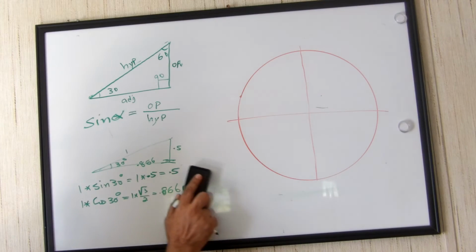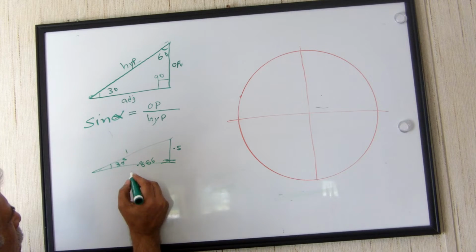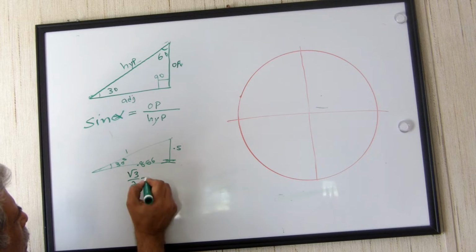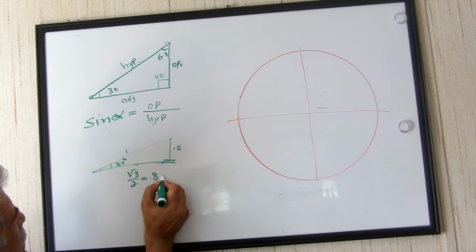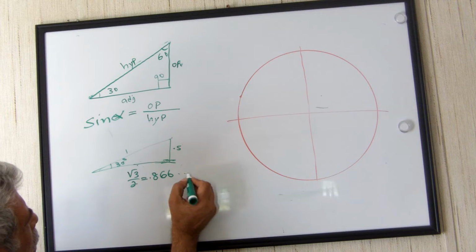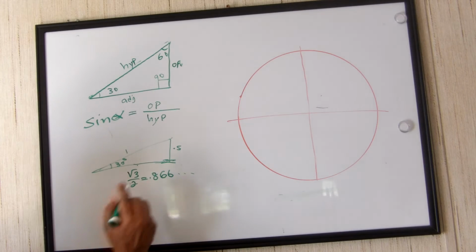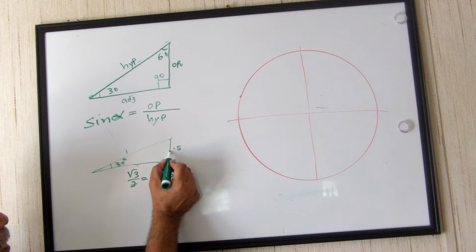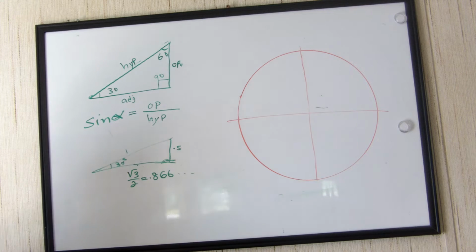So this is going to be the square root of 3 over 2, and this side is going to be 0.866 and so on. The Pythagorean theorem says that if you square this side, this is the length. This is a unit.